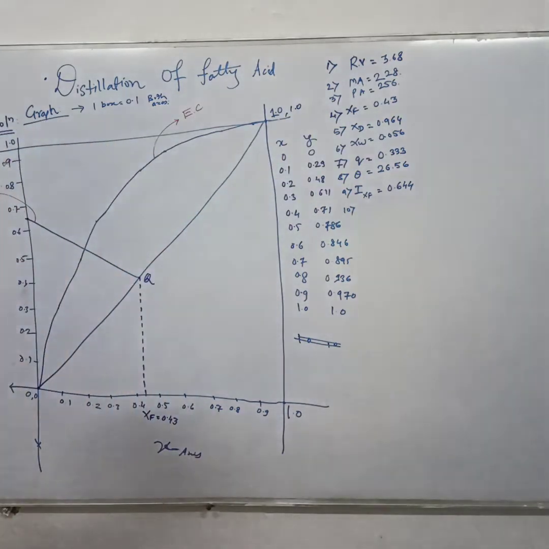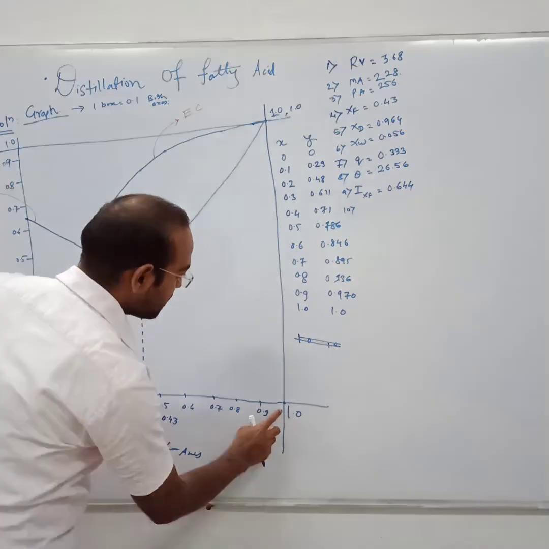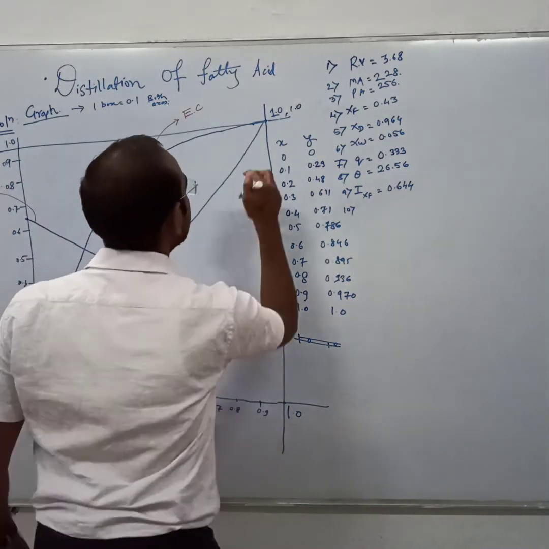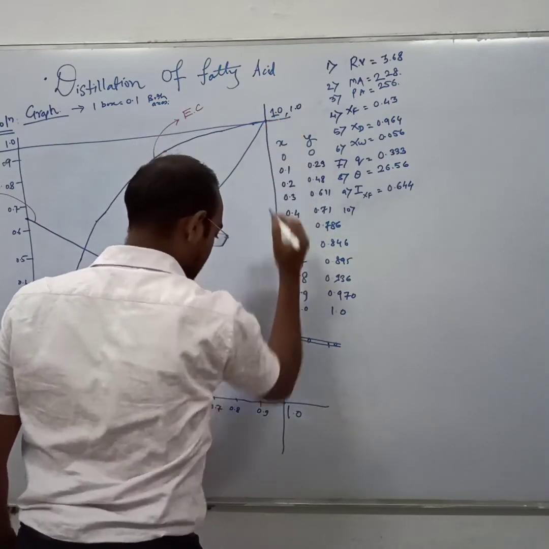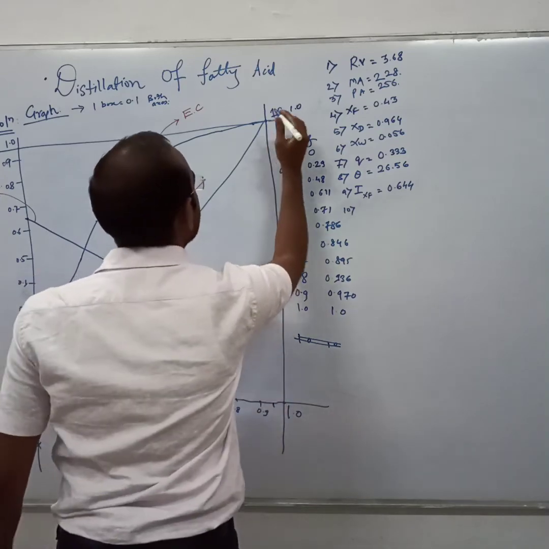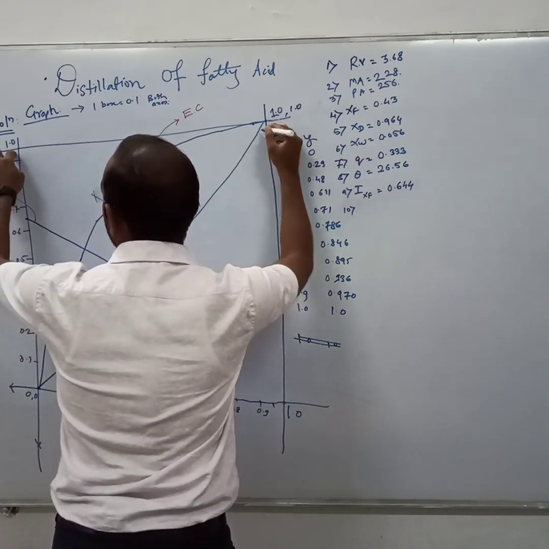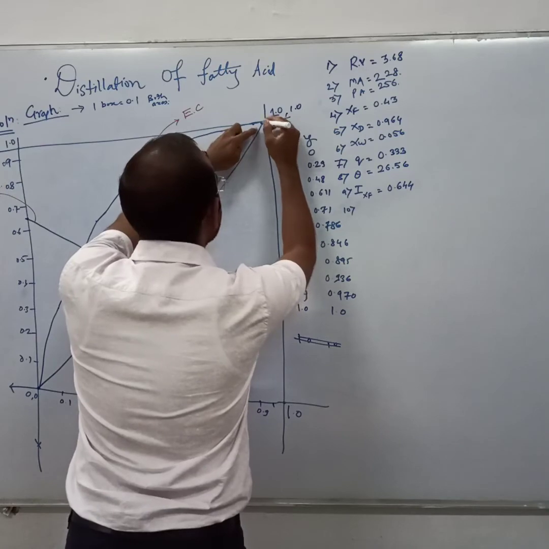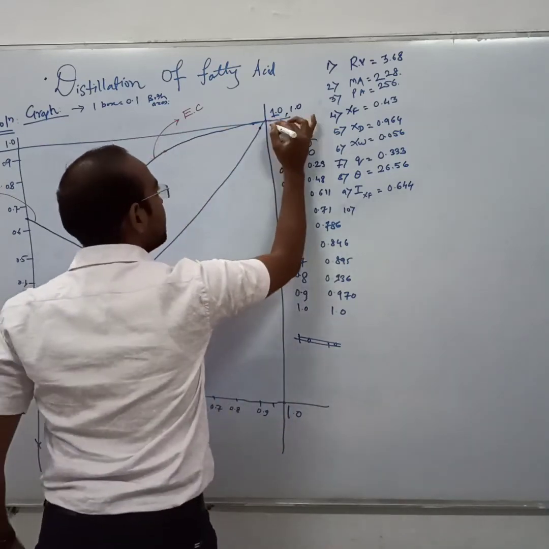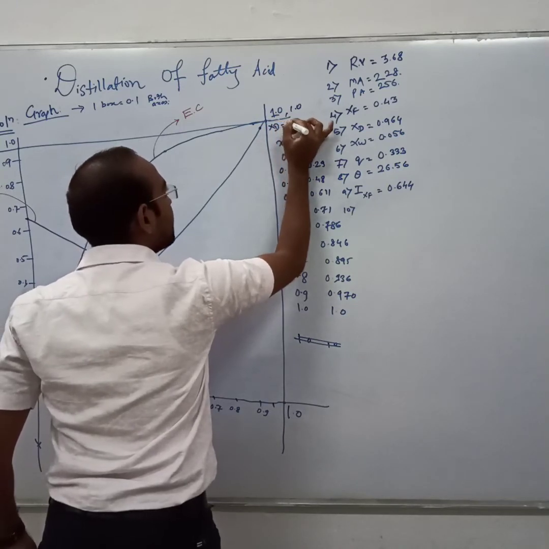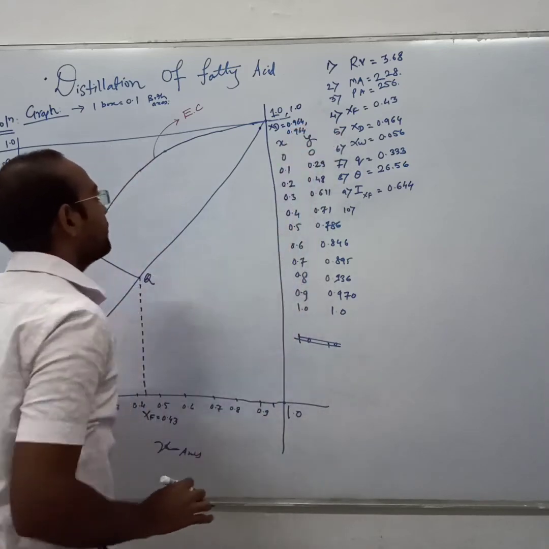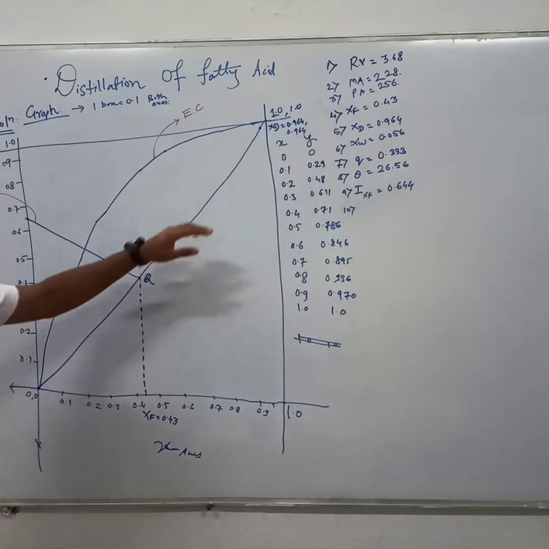XD 0.964 is very close to 1.0. This is 0.95, and in between that is 0.964, and a vertical line at 0.964. So the intercept we are getting is somewhat like this. XF is plotted, XD is plotted.